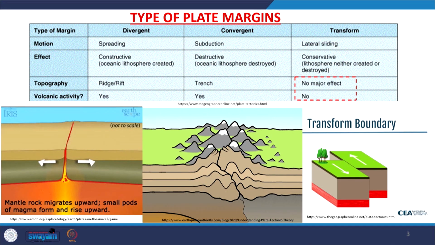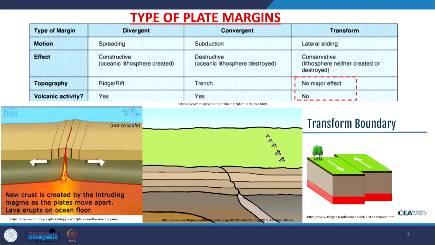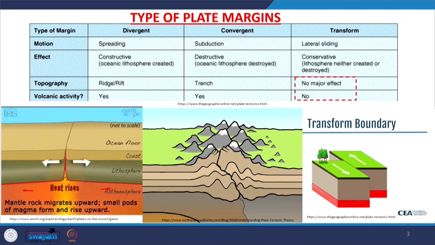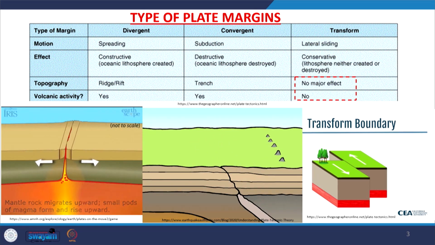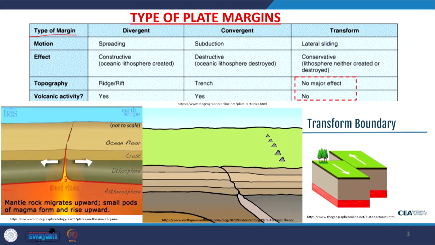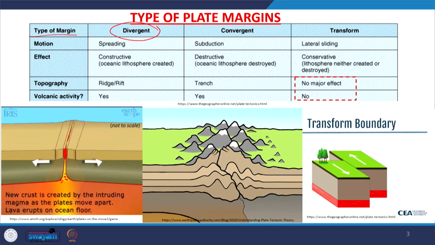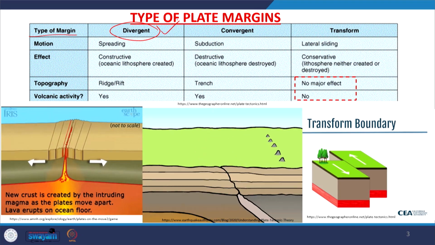So, now different types of plate margins. If you see here, this is the tabulated format of different types of plate margins and certain characteristics associated with them. First, the type of plate margin: there are broadly three different types of plate margin. One is the divergent margin.